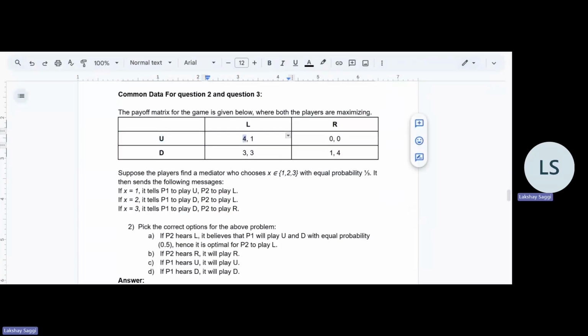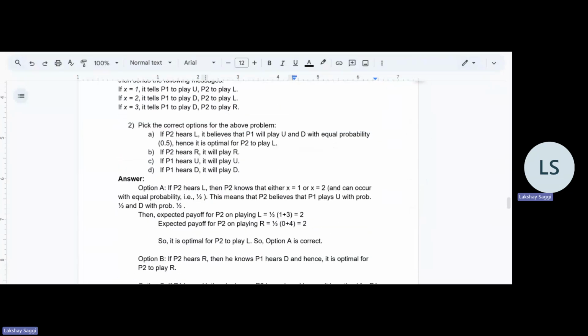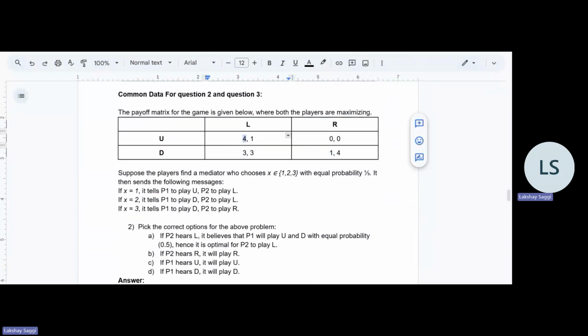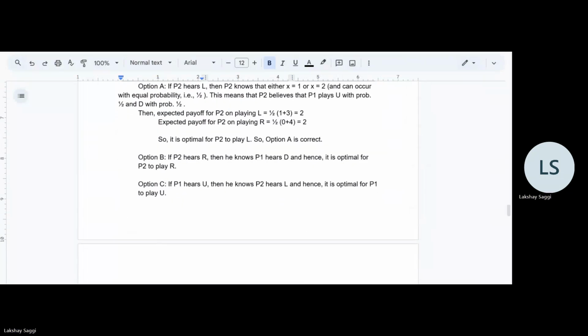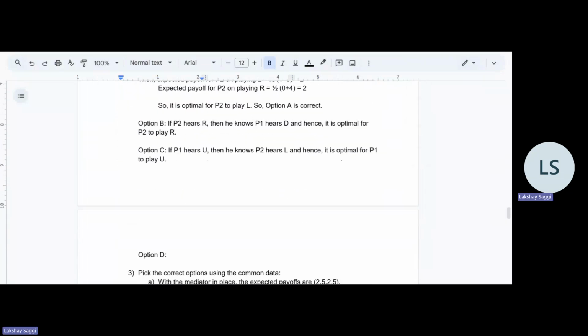It's half times 4 plus half times 0, which is 2. And on playing D, it's half times 3 plus half times 1, which is 3 plus 1 by 2, which is 2. So both times the payoff for P1 is 2. So P1 can actually play any combination of strategies between U and D, and it will be optimal for him or her.